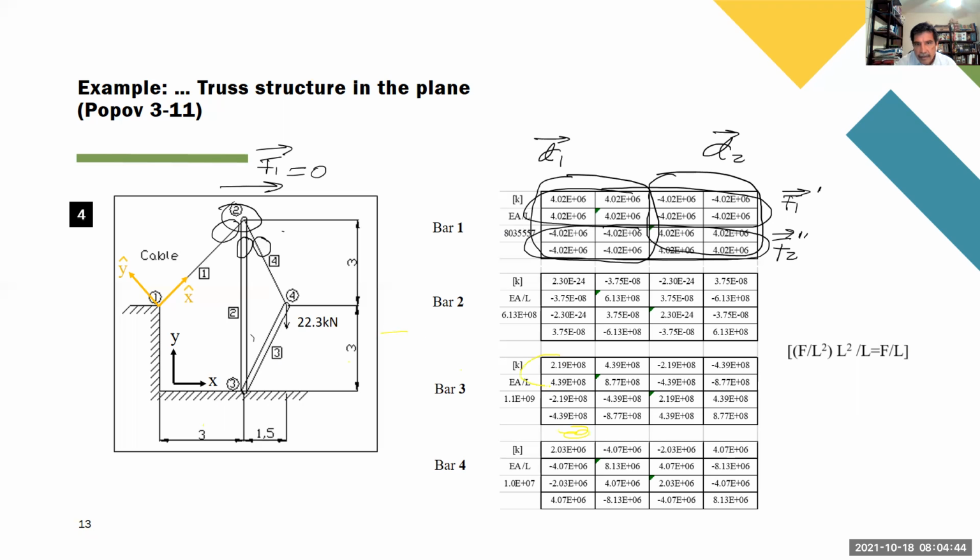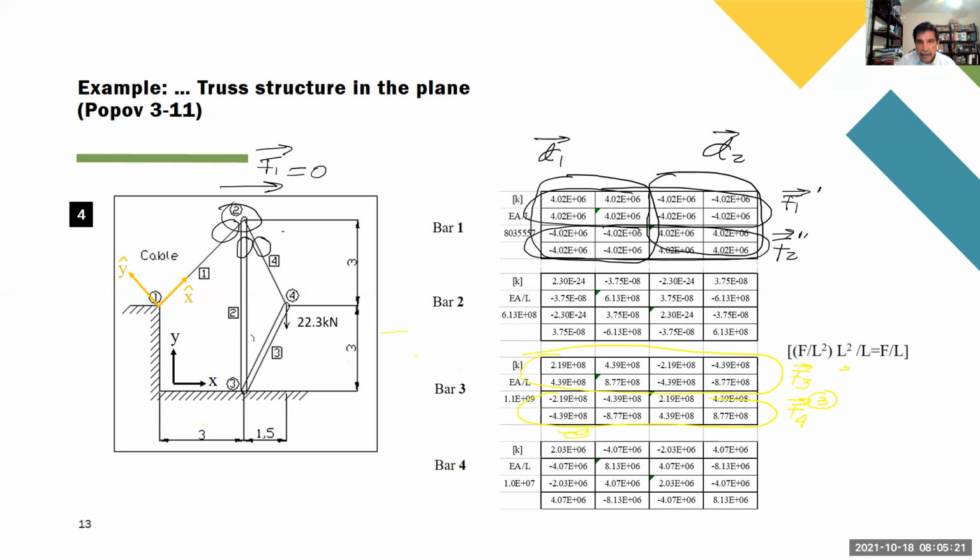So this part here, these two equations are the forces at joint 3 to equilibrate element 3. And these two are the forces in the fourth joint required to equilibrate element 3.